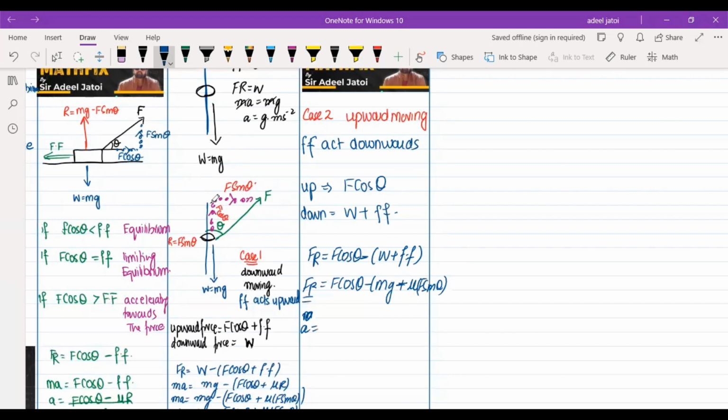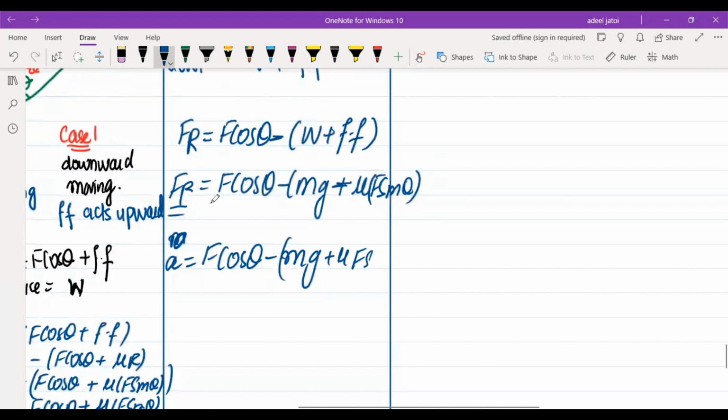So if this is a, F cos theta minus mg plus mu F sine theta upon what? m. Because here at this part you need to understand that your FR is ma. So when a is here, your m will be divided on the other side.